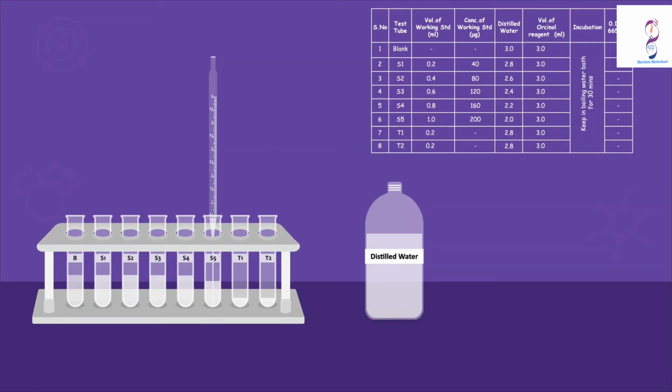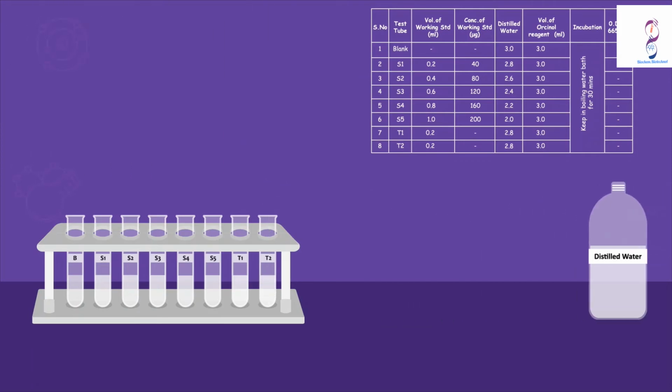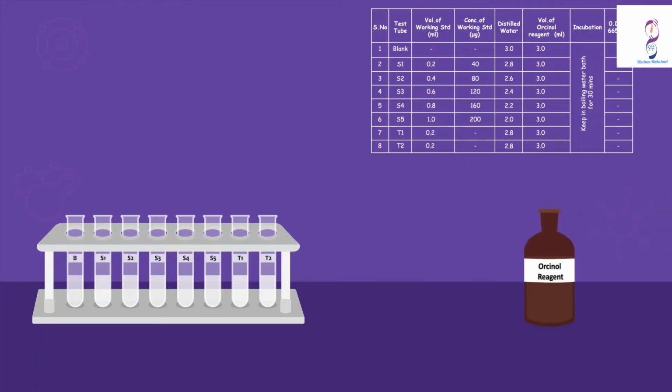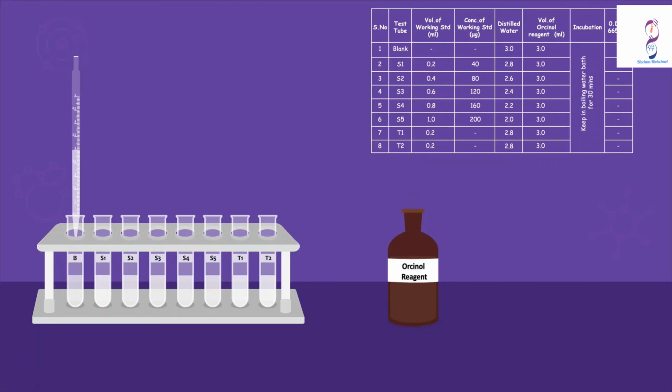This can be estimated by measuring the optical density at around 665 nanometers. Orcinol reagent is prepared in concentrated sulfuric acid.